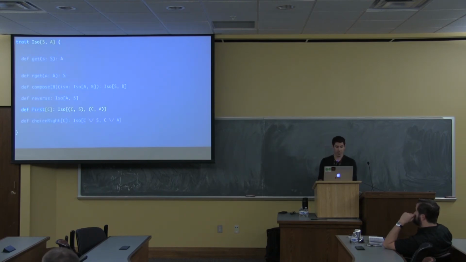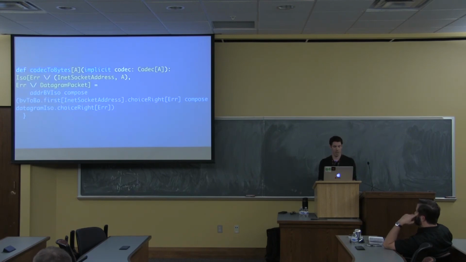So here are our methods on ISO again. First, it gives us this tuple ISO. We can derive this tuple ISO. We can derive this choice ISO. So we can start gluing this codec with datagram packet, right? I'm calling choice and write error compose with some of my other stuff.